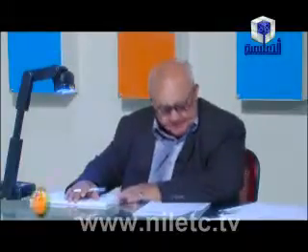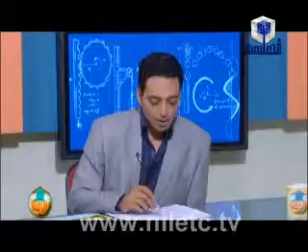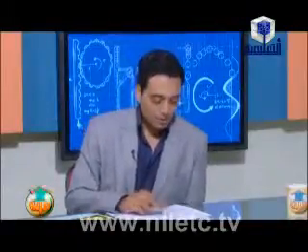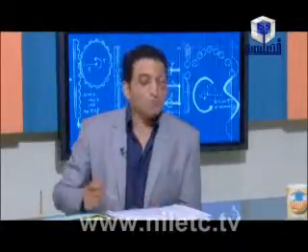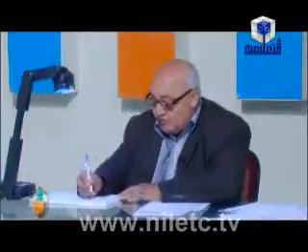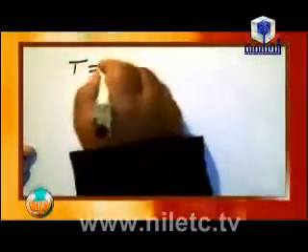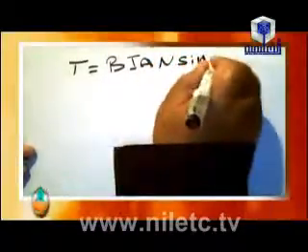And the torque acting on a rectangular coil carrying current placed in a magnetic field equals 0. When the torque equals 0, we can go back to the rule: torque equals B I A N sine theta.